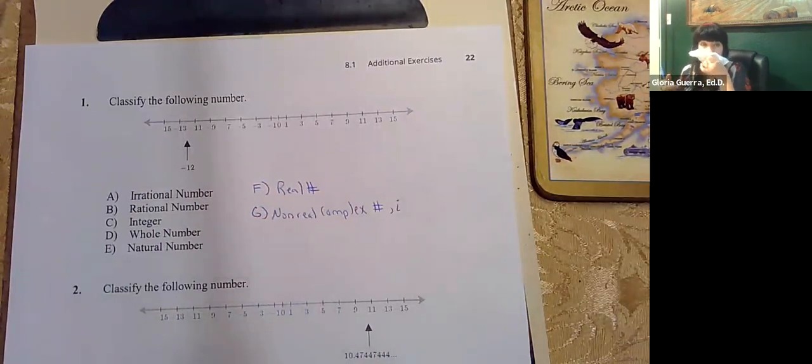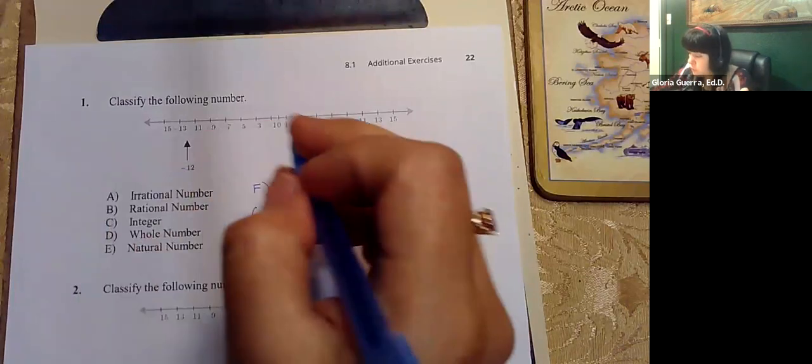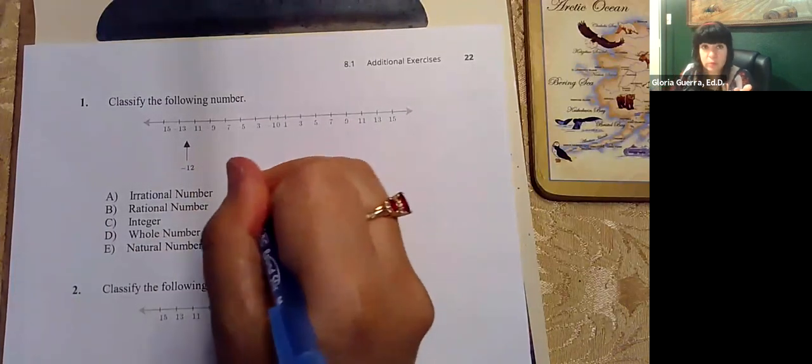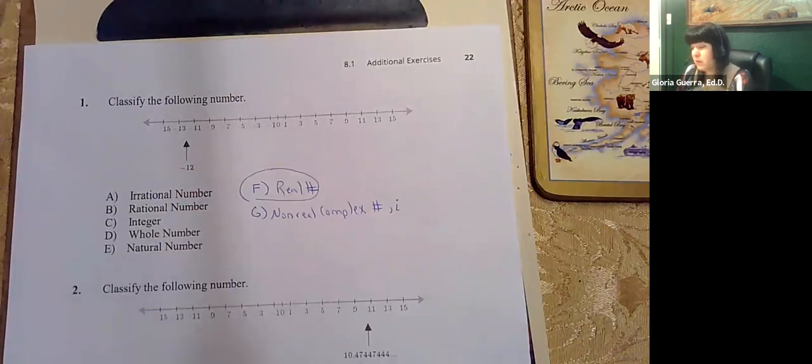So numbers start off as either real or non-real. -12 starts off as a real number. If it had an i, if it had been non-real, then you would have stopped. You would have been done.